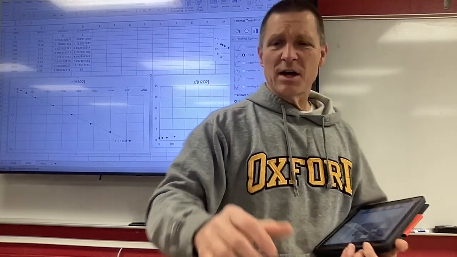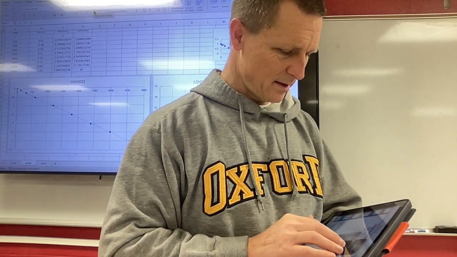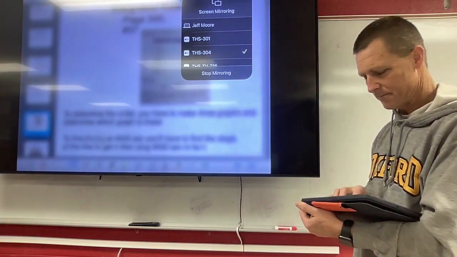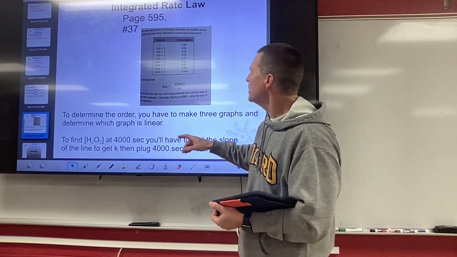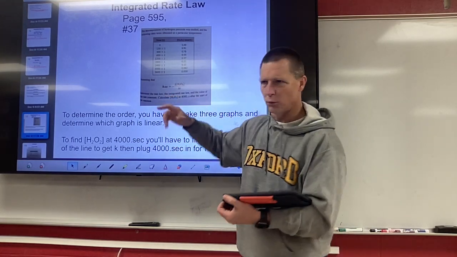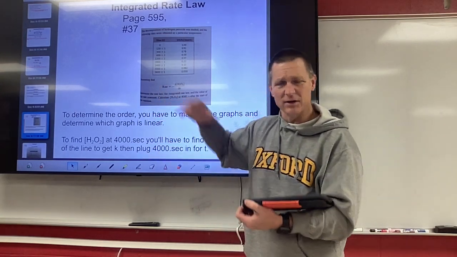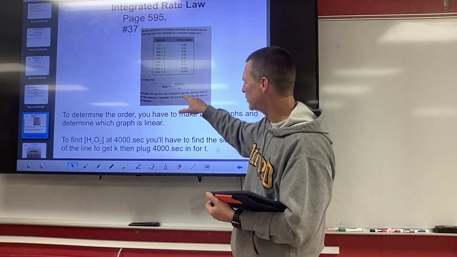So in summary, I'm just going to get rid of this stuff. In fact, I'll just go back to this. Okay. What the book is actually asking us to do is in this part. If you're looking at your notes document, it says determine the rate law, comma, the integrated rate law.